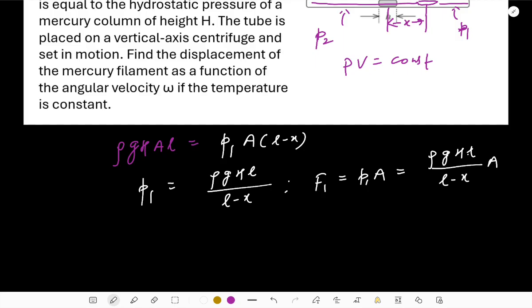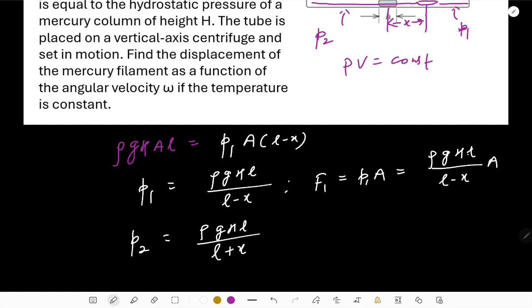And so if the pressure and the force acting on the other side, that is the left side, I can calculate it. Since this pressure was P2, I can write P2 will simply become rho GHL upon L plus x.